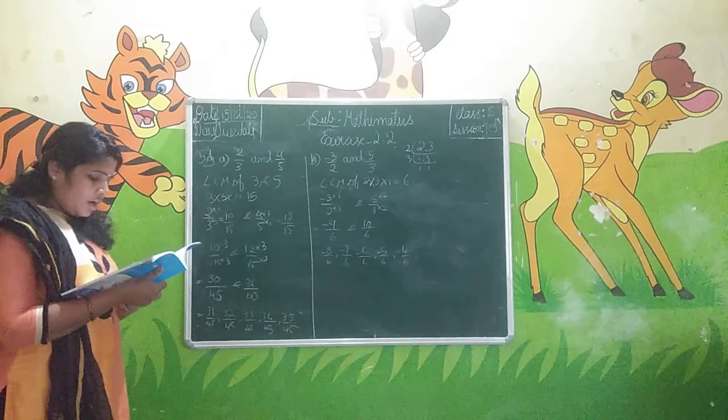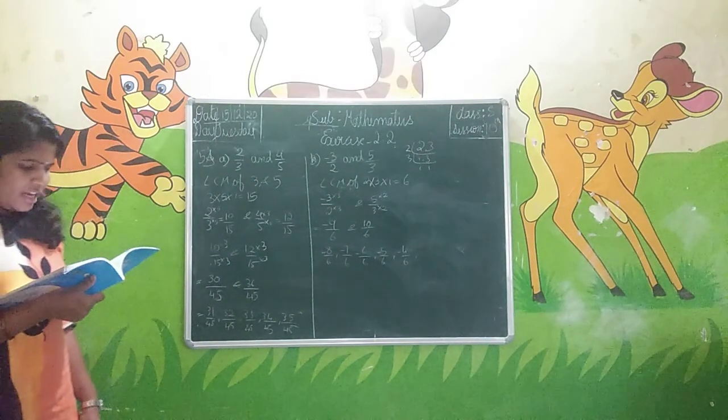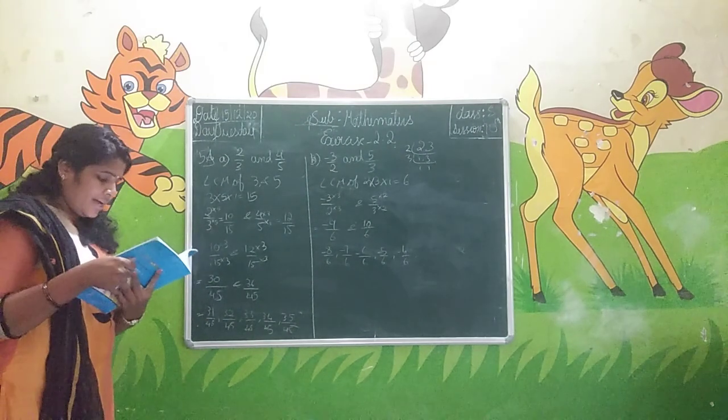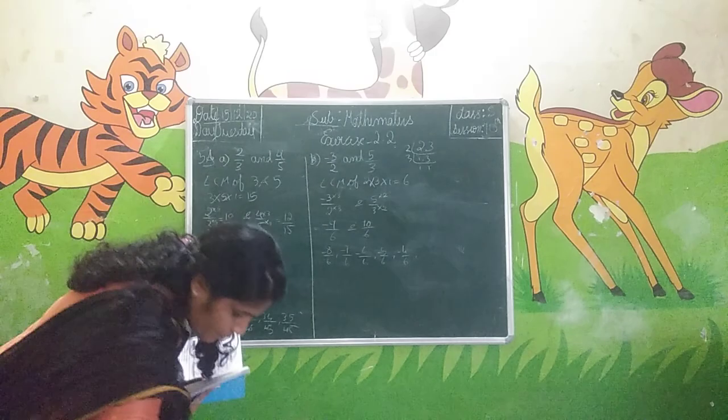Sixth one I already did for you. Now the seventh one: find the 10 rational numbers between 3 by 5 and 3 by 4.